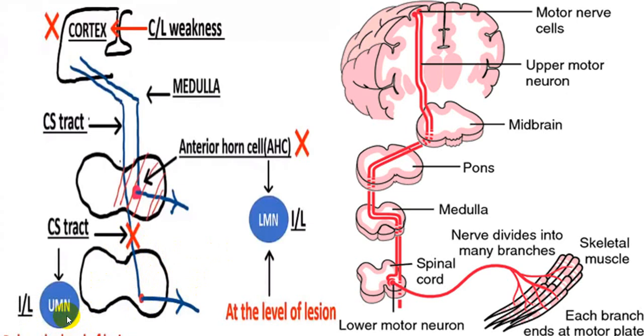So below the level of the damage, upper motor neuron; at the level of the damage, lower motor neuron; and above the pyramidal crossing, the pyramidal tract crosses at the lower part of the medulla, it will be on the opposite side, and below the crossing, it will be on the same side.